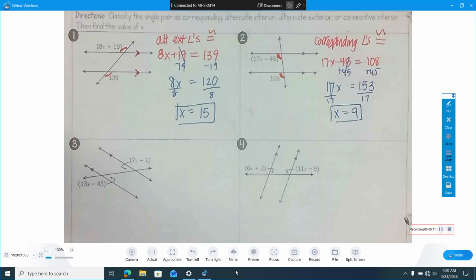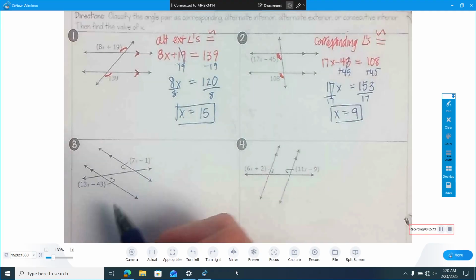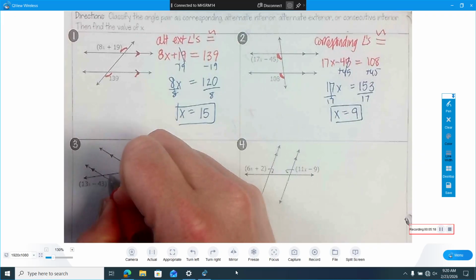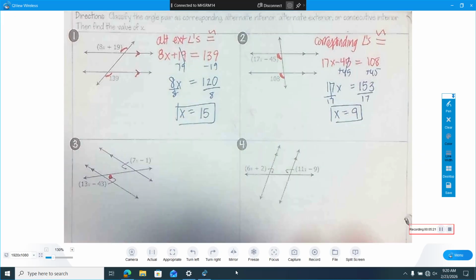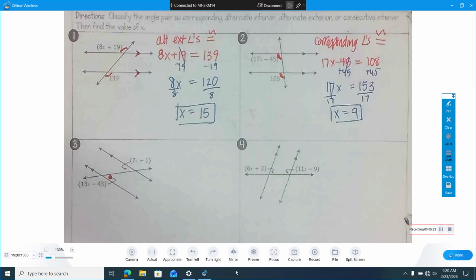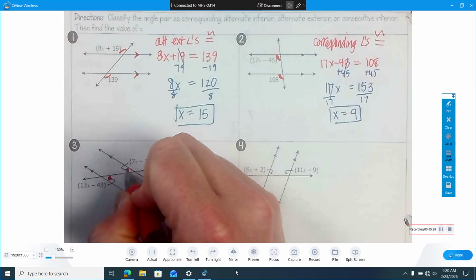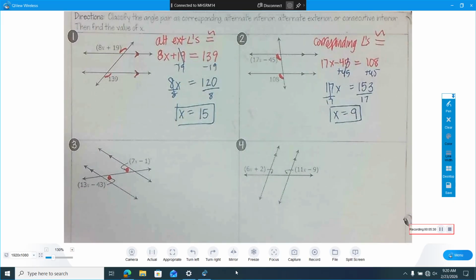All right, here on number 3. 13x minus 43 is talking about this angle right here. I'm just going to use a dot so that you can see clearly where that is. And then the 7x minus 1 is talking about this angle right here. What's the special name for those two dotted angles? Almost. Alternate is correct. Interior.